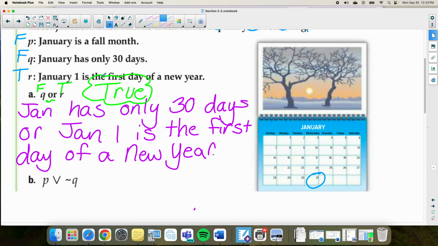Okay. Now the next one is P, or the negation of Q. So we're going to write P out first. So I'm going to say January is a fall month.